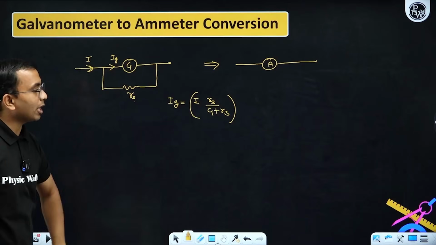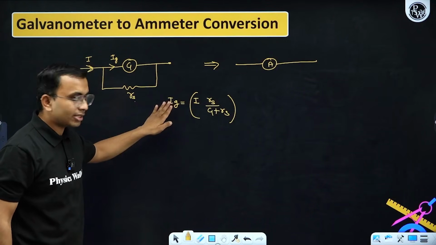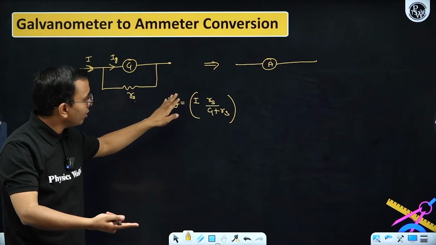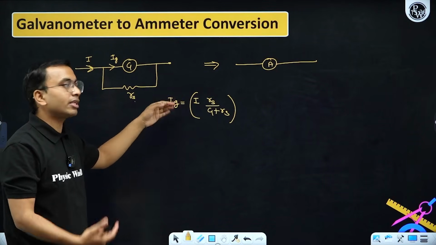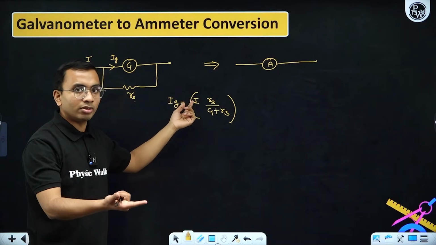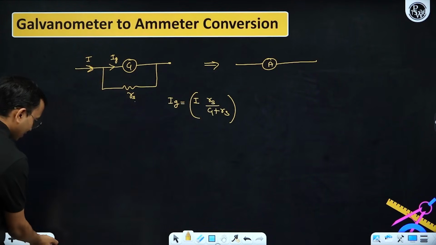Sometimes the question can be: the full scale deflection of the galvanometer is this, that is my Ig. It needs to be converted to an ammeter whose maximum full scale range is this, that will become my I. The resistance of the galvanometer is this; find the shunt resistance. So use this and you can find the shunt resistance.